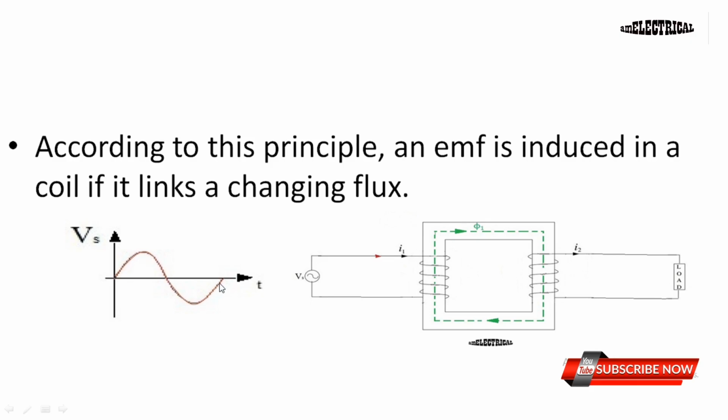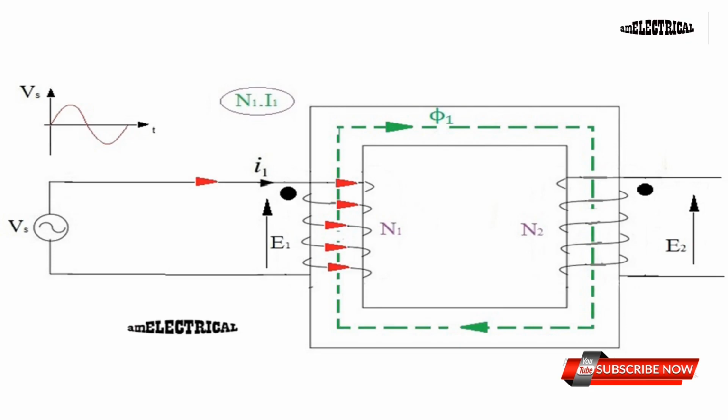As the supply voltage is sinusoidal, the primary winding current IP and the flux are also alternating in nature. So, as the flux is also changing with respect to time at each point, that's why the term changing flux is mentioned. Now we will go for a depth discussion of the working process step by step.